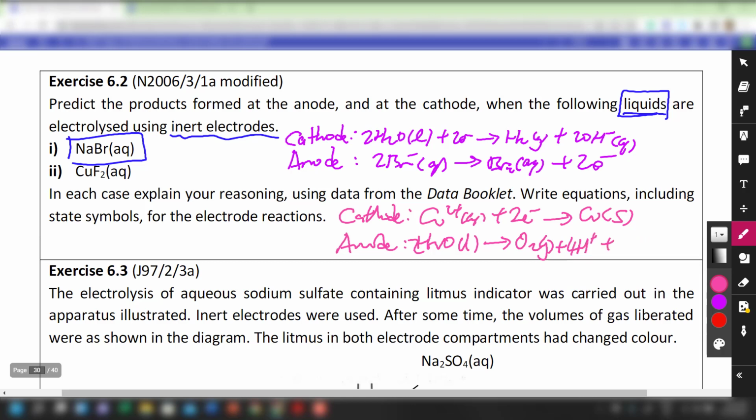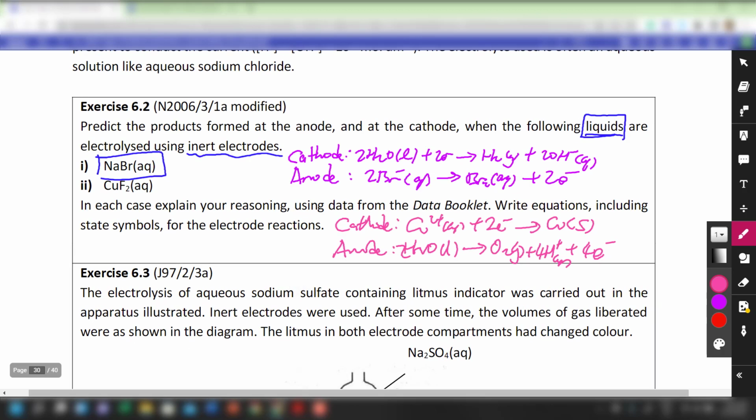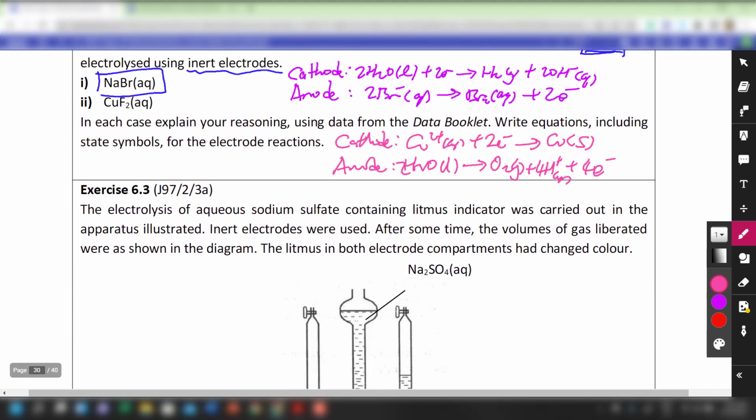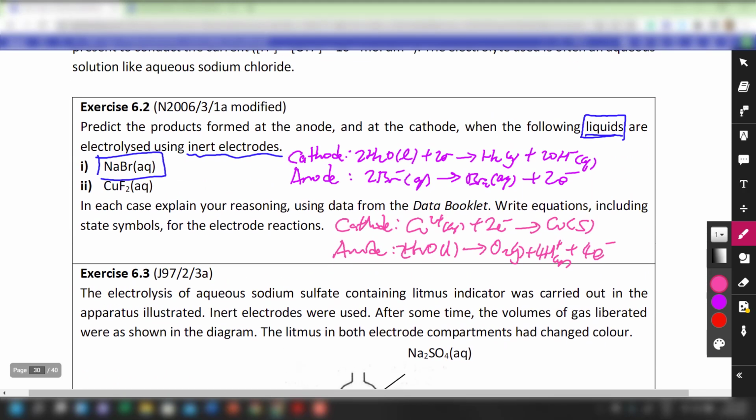Again, my apologies that I'm not able to write down the two half equations to compare them like the way we have it here because of space constraint. But I think exercise 6.2 is straightforward enough for you to understand the thought process that is going on, so there isn't a need for us to write them down for discussion.